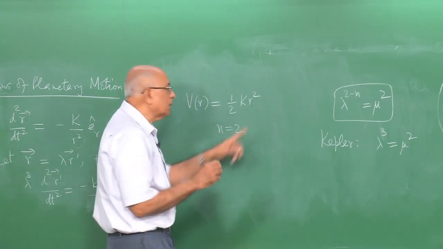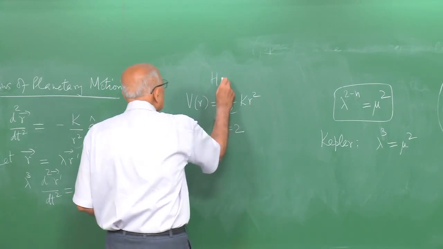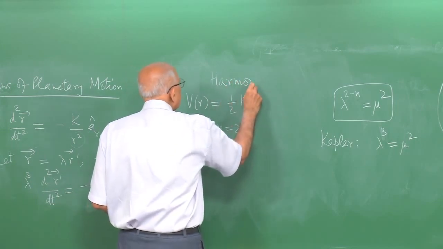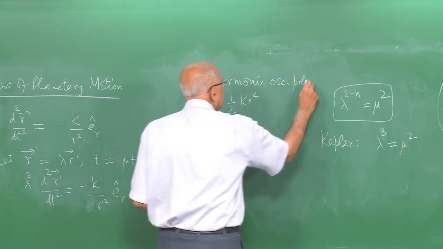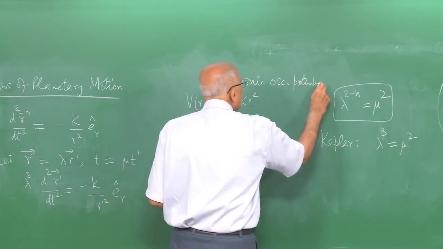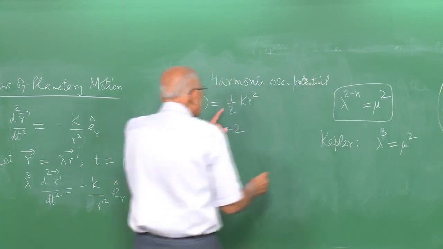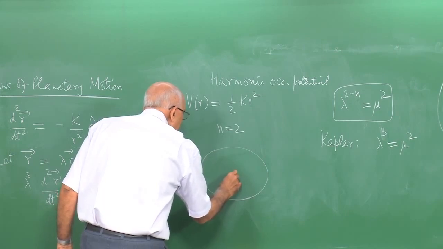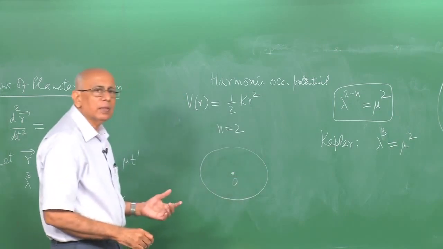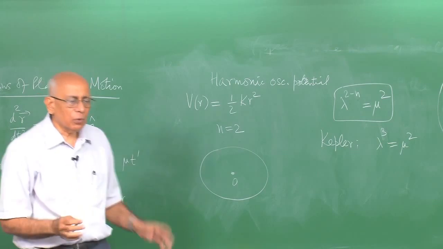The difference in this case, this is the harmonic oscillator potential, is that the orbits are ellipses with the center of attraction at the center of the ellipse rather than either of the foci of the ellipse.